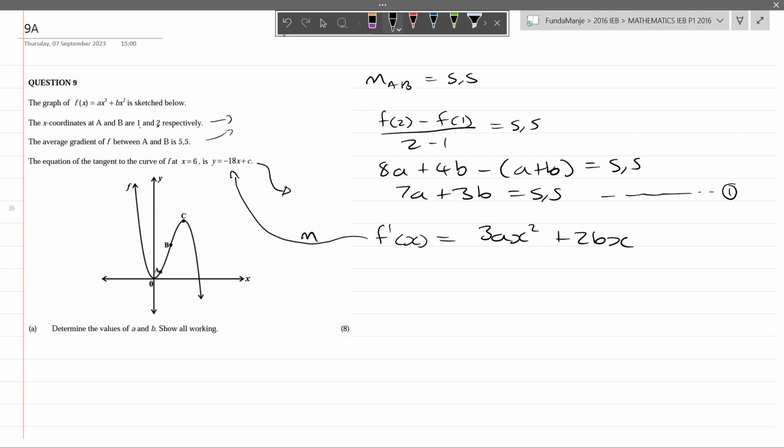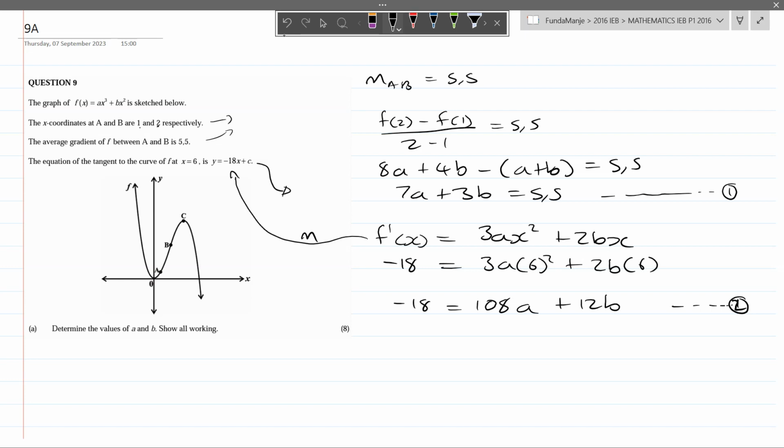So x is 6 and the gradient is minus 18. We can make those substitutions: minus 18 equals 3a times 6 squared plus 2b times 6, and then we can multiply this out. This will be 108a plus 12b, and this will be our second equation.